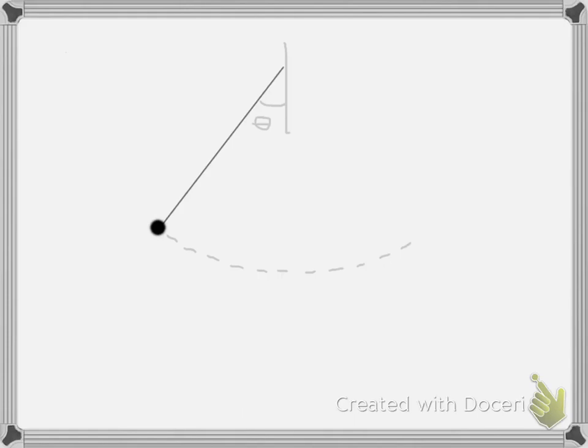Well, let's consider a slightly different example, say with our yo-yo. Instead of rotating it in a complete circle, let's say we let it swing back and forth like a pendulum. And we will look at it at the very top of its swing, at its maximum angle there, theta. Well, at the very top of its swing, there are forces that act on it. There is a weight force, which always acts downward.